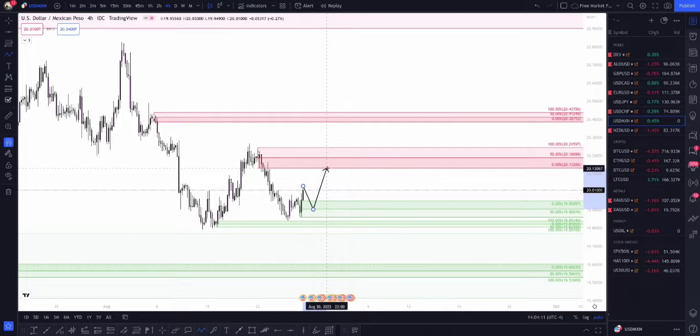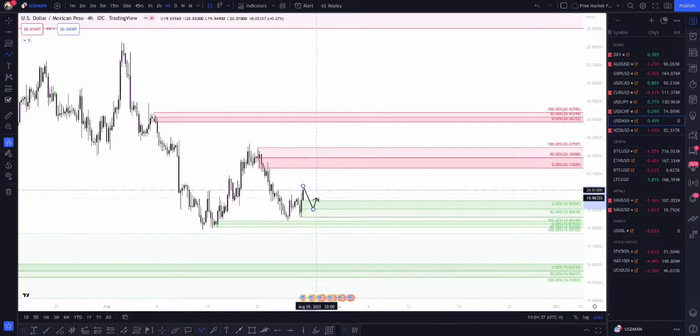Kind of counter data, if you will. But we are currently on an uptrend. Like I said, the demand down here was respected, demand here was created, and it was respected as well.